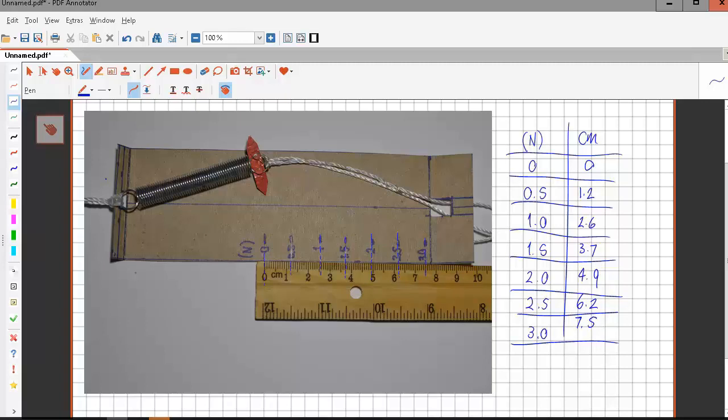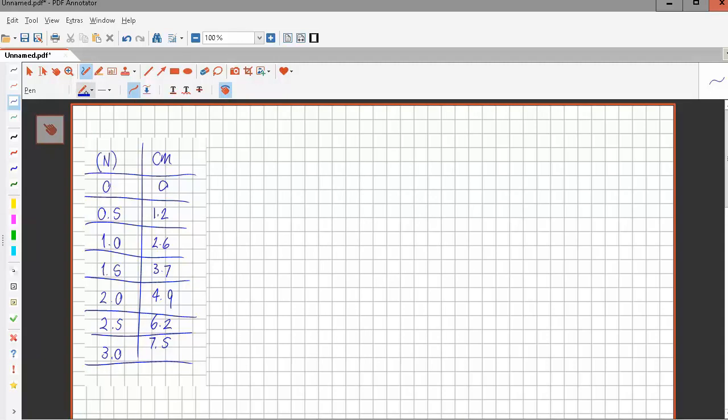I'm now going to plot these data points, plotting the load on the y-axis and the extension on the x-axis. To plot my graph, I will first look at the range of values for each axis. The y-axis will range from 0 to 3.